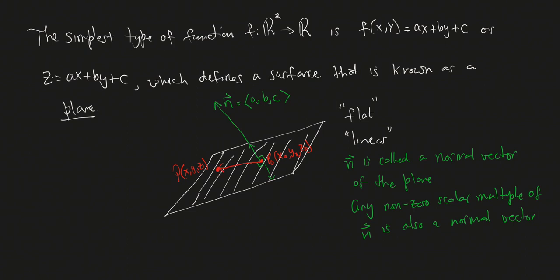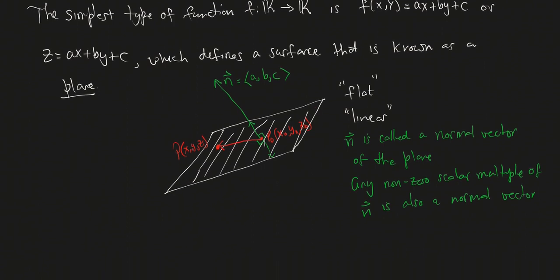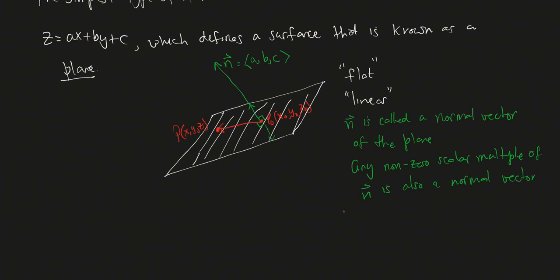So the normal vector is n, and then any vector, so the vector P0 to P, and let's write down what the components of that vector would be. Since it's starting at P0 and going to P, this other point here, if we use our head minus tail, it's going to be x minus x0, y minus y0, and z minus z0, right?